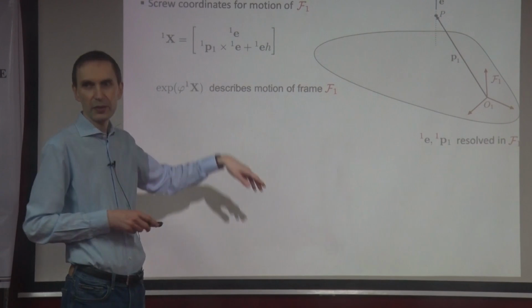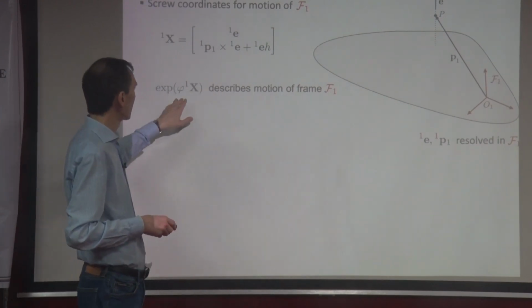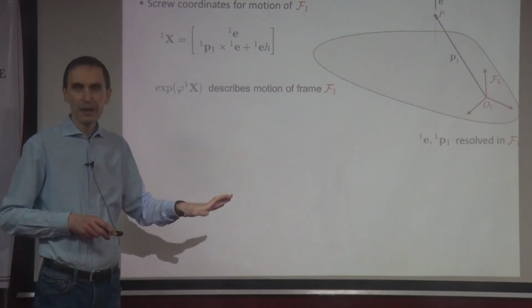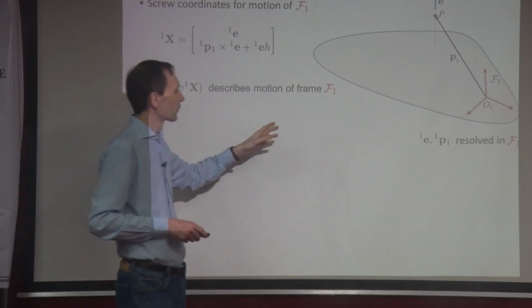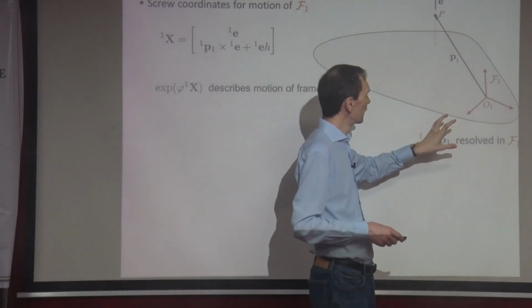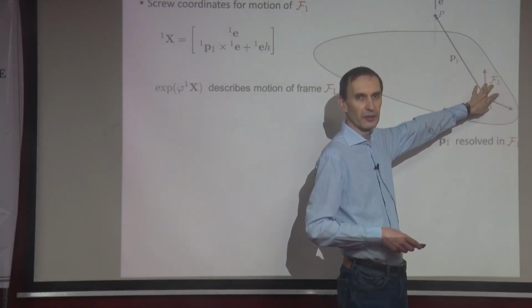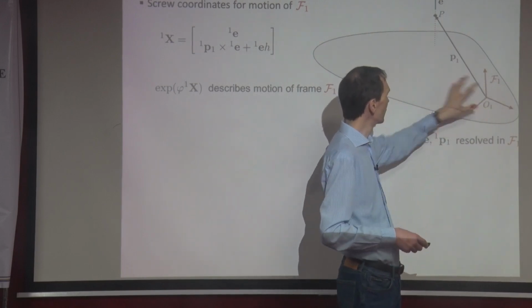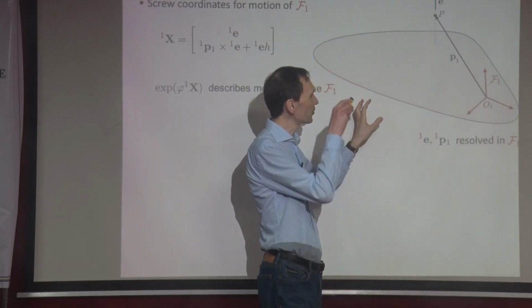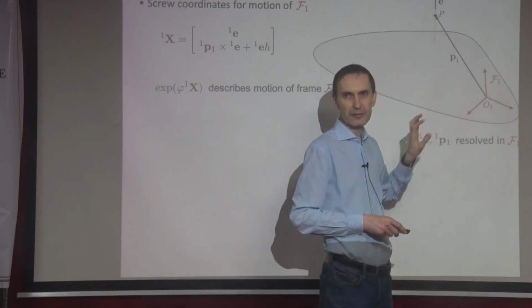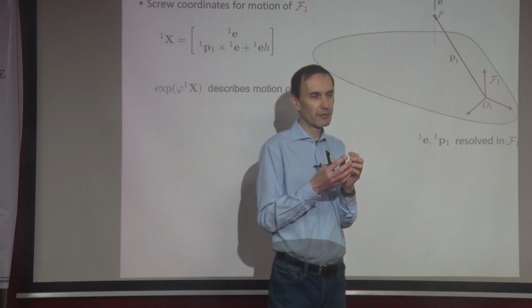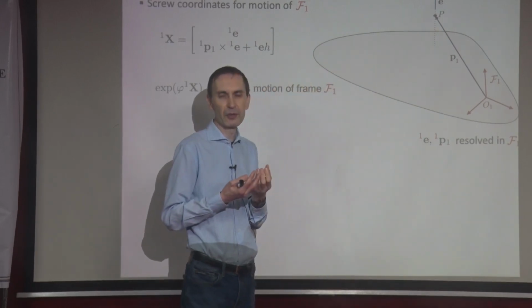All this was already told. But what is the exponential giving you? It's actually describing how this frame is displaced, how this frame is moving, according to the screw motion, relative to where it started from. So that's why we essentially have one frame that we're looking at.